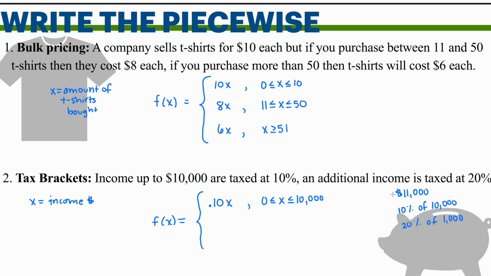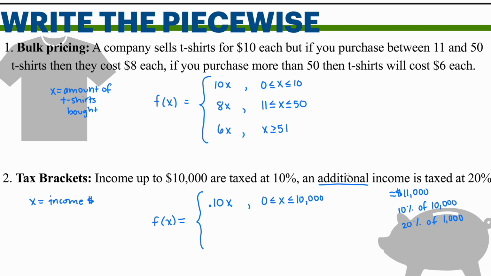So again, let's just say it's $11,000. Only the first $10,000 gets taxed at 10%. Then anything additional, which is $1,000 in this case, is taxed at 20%. Again, the 20% is not all of $11,000.